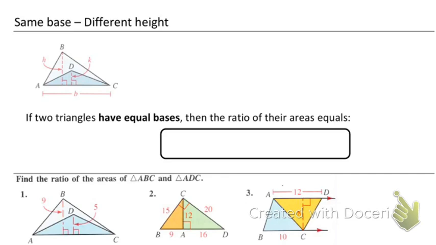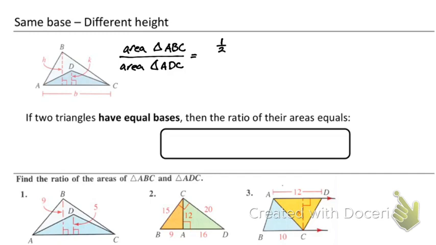All right, so that one definitely has the same base. And if I was to do area of triangle, what do we have? ABC over the area of our other triangle, that would be ADC. We would have half a base times height.